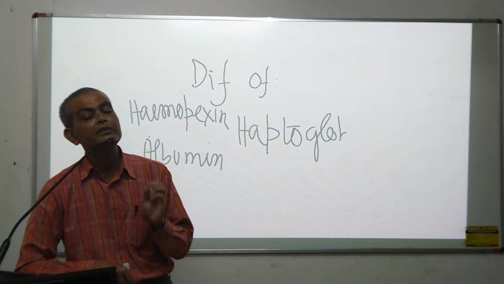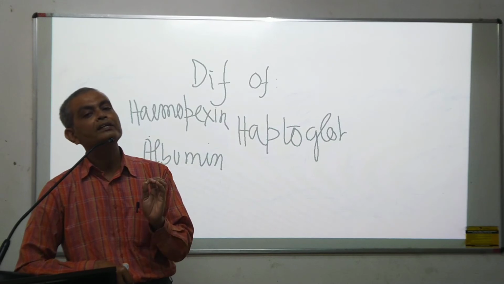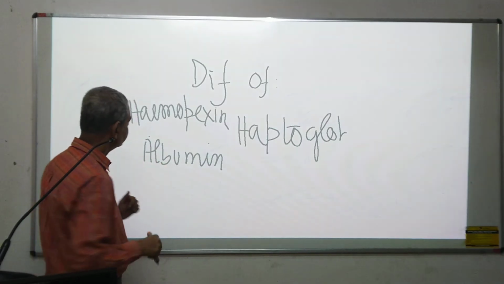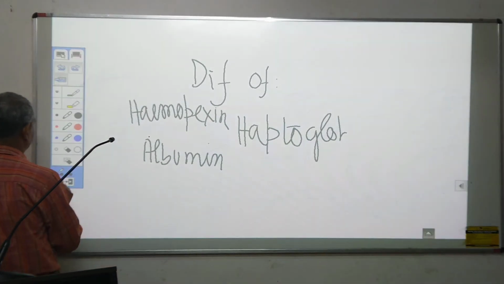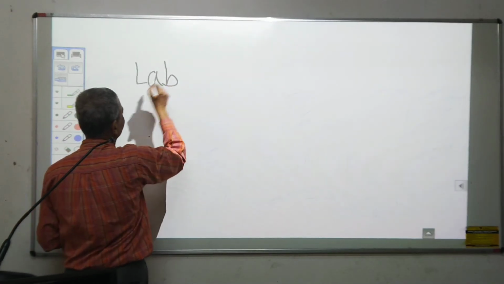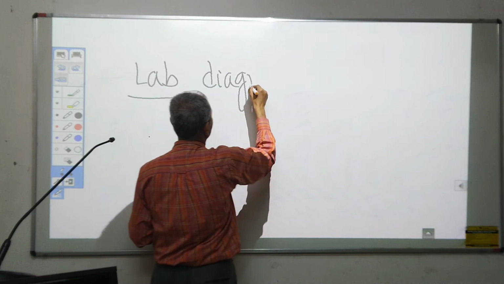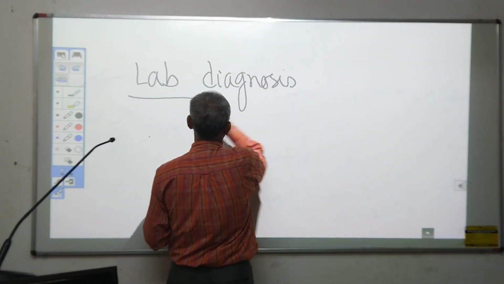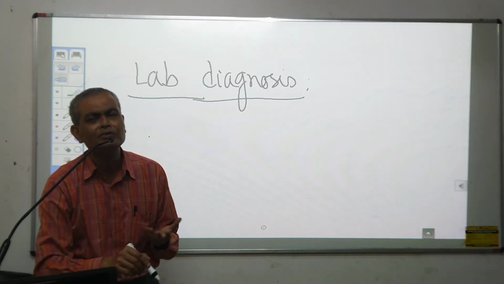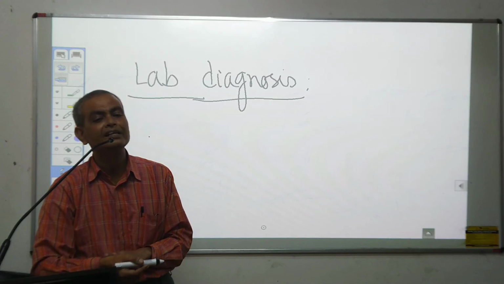Okay. Now what will be the clinical picture and what will be the laboratory investigations of a case of hemolytic anemia? So lab diagnosis, we are much more concerned. We are the pathologists, so we are much more concerned about the lab diagnosis.